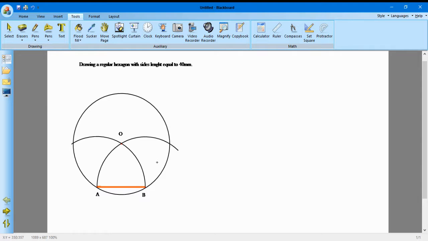So we can continue, and I will continue using my compass. Okay? Compass will be used a lot on this drawing, so make sure you have a good compass with you guys. You already know that the compass is a primary tool right here in technical drawing, and you should always have a good compass.